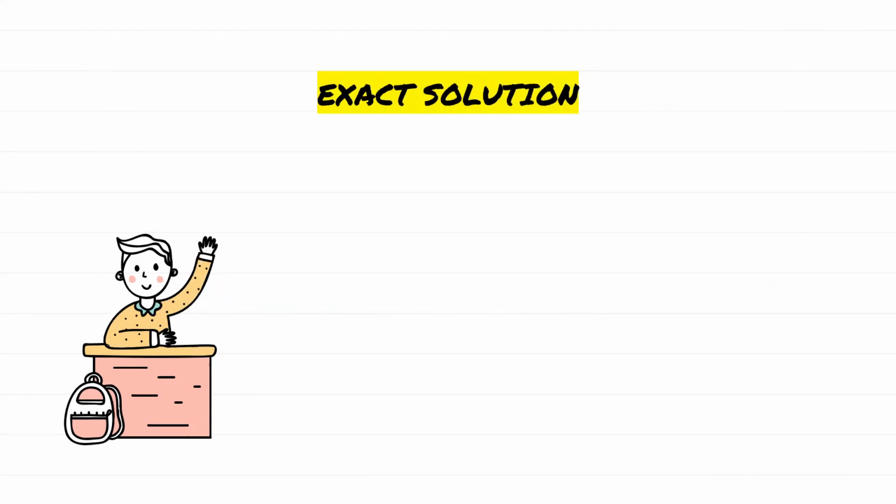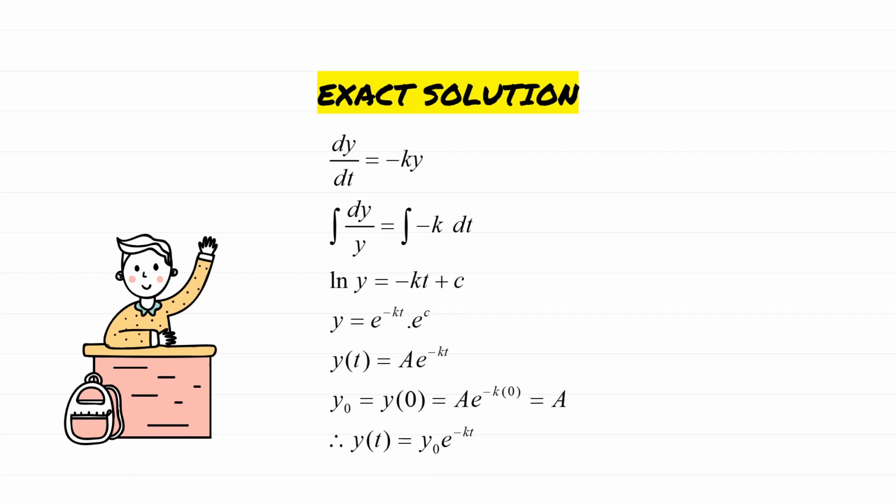To find out, we find the exact solution from the differential equation y'(t) equals negative k y(t). We modify it, and finally we get y(t) equals y naught exponential negative kt.